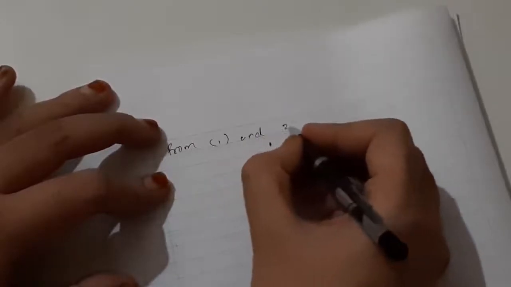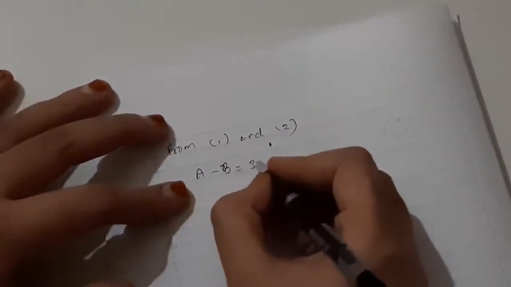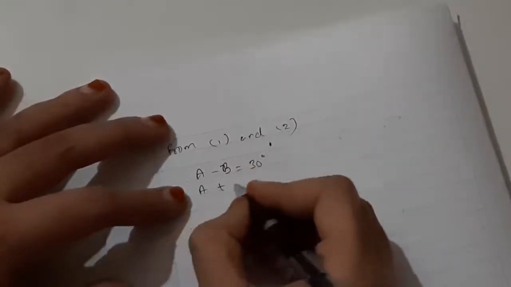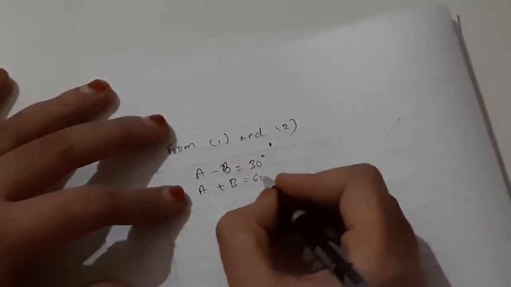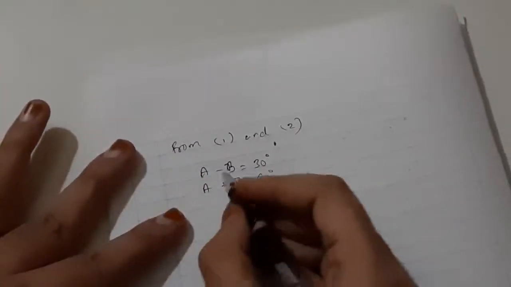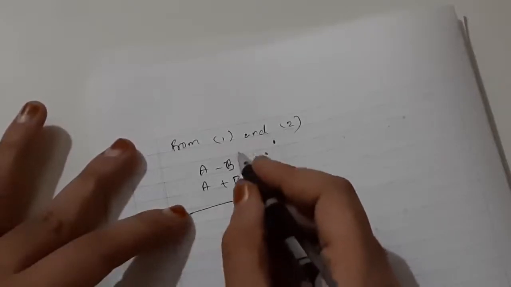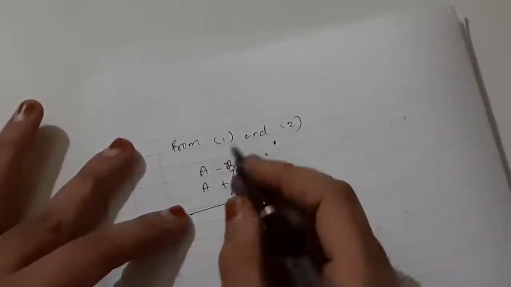From 1 and 2, A minus B is equal to 30 degree and A plus B is equal to 60 degree. You don't have to change the signs, because already you can cancel B. Plus B minus B is equal to 0, it gets cancelled.